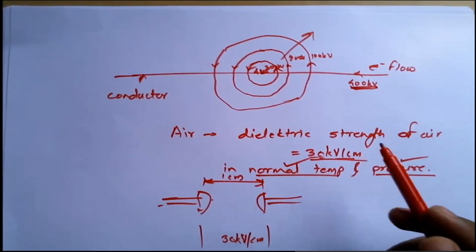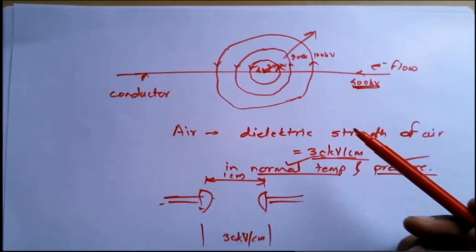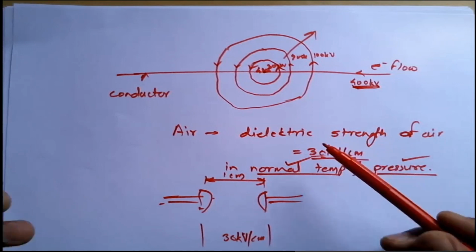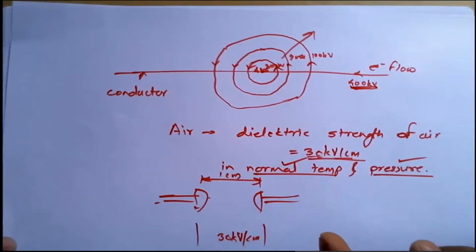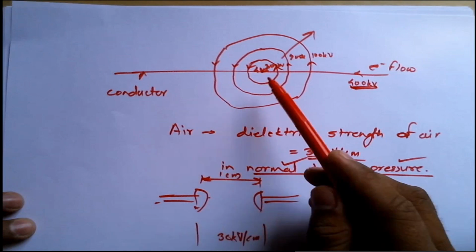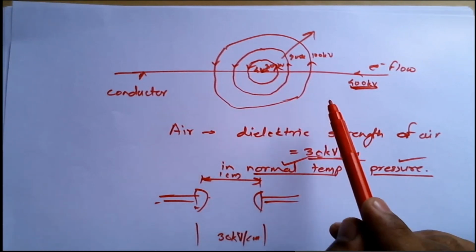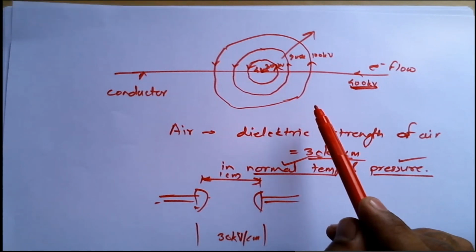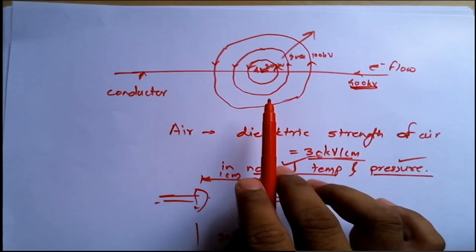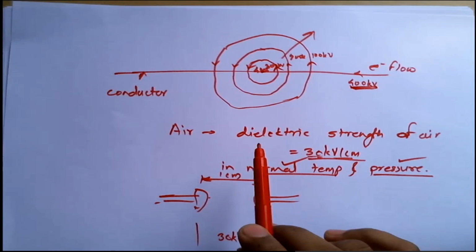So the effective conduction area of that conductor increases. Do you understand? And it leads to a cracking noise and some violet color glow near that conductor, and that particular effect is called corona.